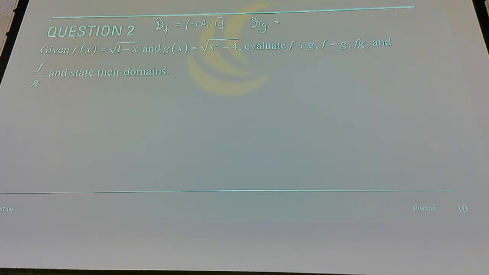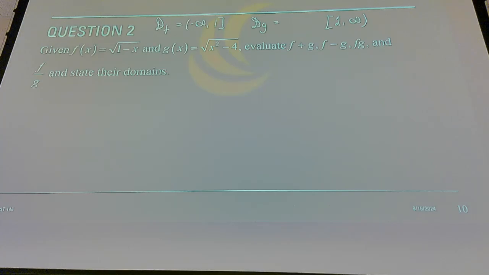What's the domain of G? Oh wait, no, it's not.